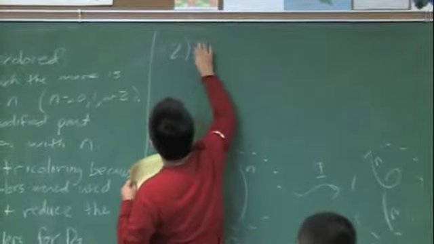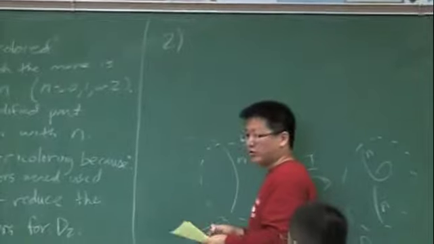The second one is you have to check the crossings, the crossing condition.